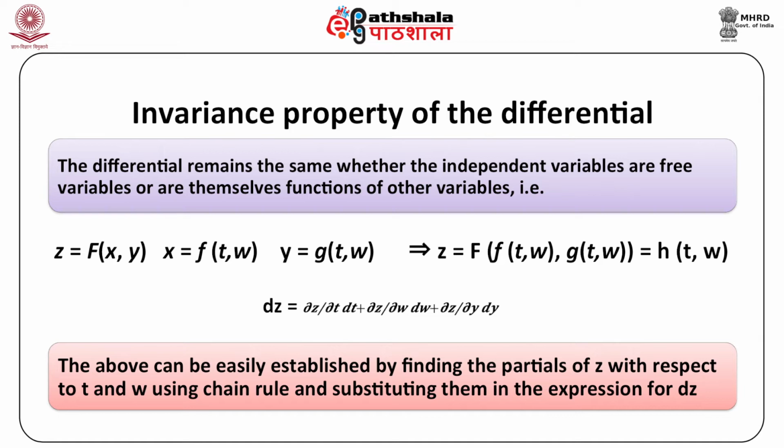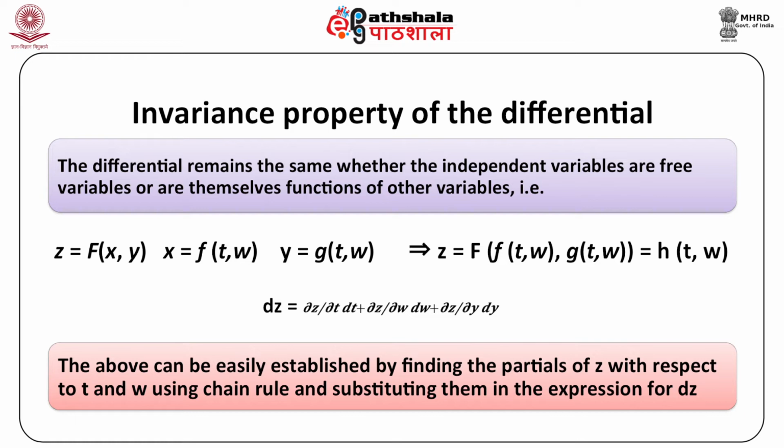That is, if z is a function of x, y, x is a function of t, w, and y is a function of g(t, w), which implies that z is a function of f(t, w), g(t, w), which is equal to h(t, w), then dz is equal to del z by del t into dt plus del z by del w into dw, which is equal to del z by del x into dx plus del z by del y into dy.